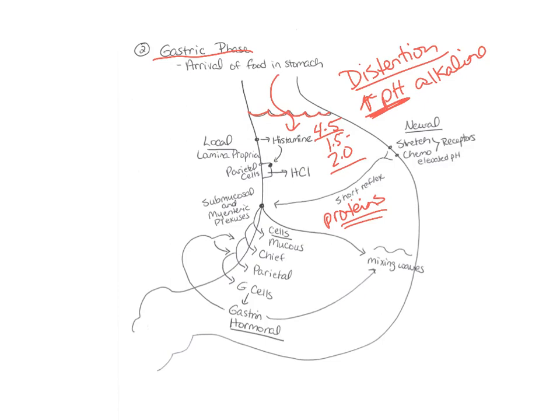So the first thing we get is a local response. The distension of the stomach stimulates these cells in the lamina propria to release histamine. So histamine gets released, and then histamine binds to the parietal cells and it causes hydrochloric acid to be produced.